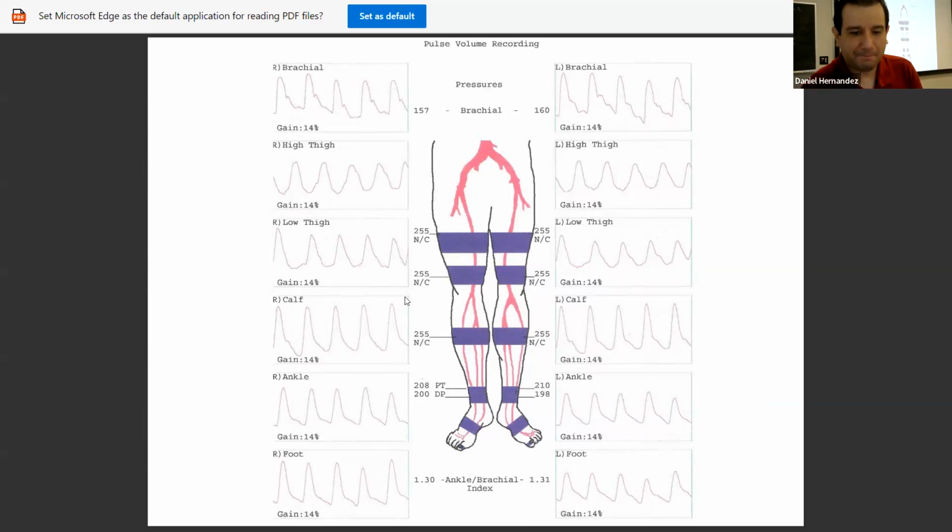So that's all we would have to say, or what else would we need to identify? In a preliminary report, if we were writing this up in the lab, we would say bilateral ankle pressures are falsely elevated due to the presence of medial calcinosis. And then we would say bilateral calf, low thigh, and high thigh segments are non-compressible.